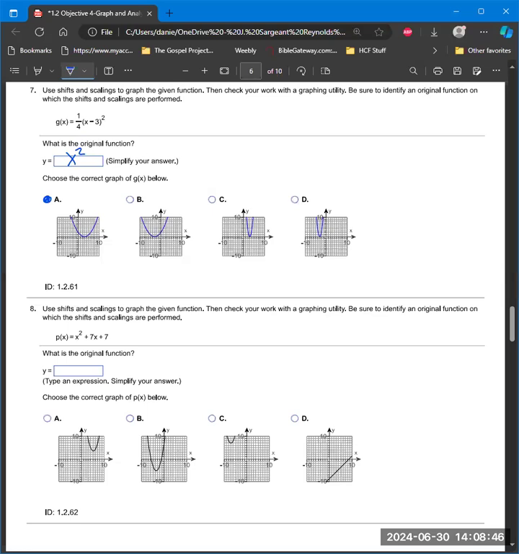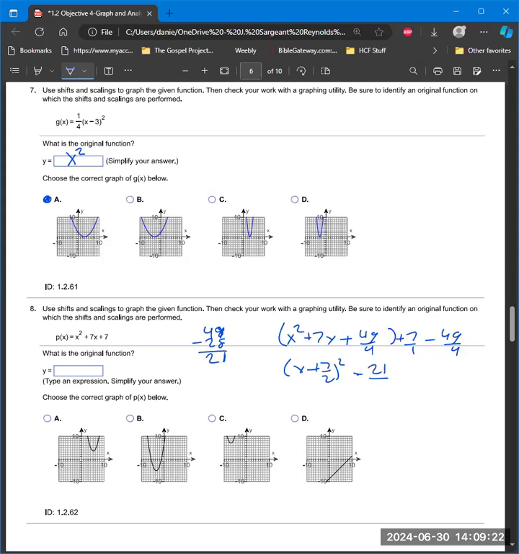Let's go ahead and write this one in our vertex form by completing the square. X squared plus 7x. Half of the middle number squared is 49 over 4. So we're going to subtract 49 over 4. It's going to be x plus 7/2 squared. And then this is going to be 28 minus 49. 49 minus 28 is 21.